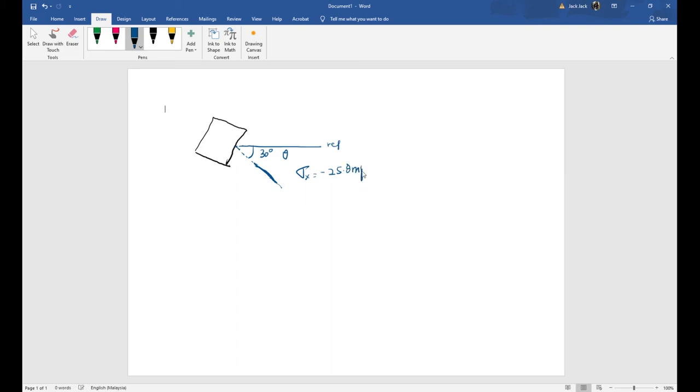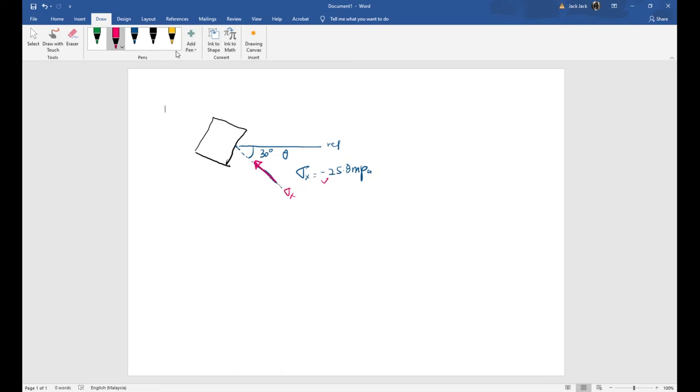Notice that we have a minus sign, so that means the direction of the new sigma x will be like this. Sigma x turns inward to the plane. So this is the direction of your new sigma x.